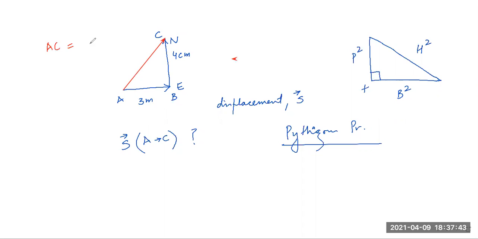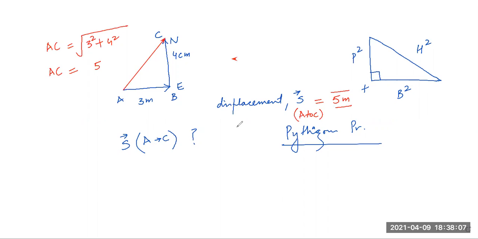AC would be equal to the square root of AB square, 3 square, plus BC square, that is 4 square. So this is equal to the square root of 9 plus 16, which is 25, and the square root of 25 is 5. So I can say the displacement of the person from A to C is 5 meter.